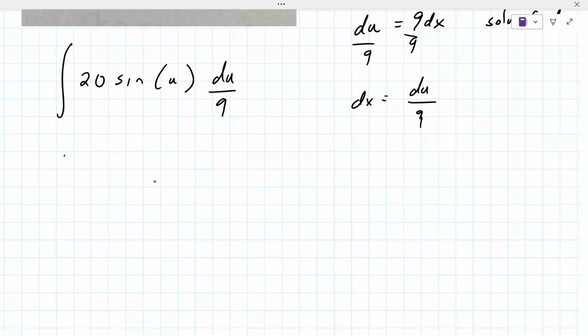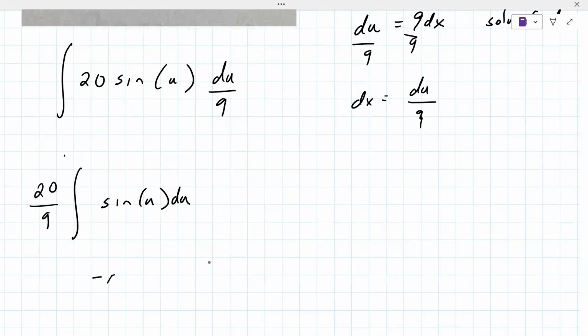Now, it's really 20 over 9. And if I were teaching this, I would want you to take that out of the integral. I'm a first-time student. Thing two is that the integral should get down to one that you know how to do. That's the whole point of this. It looks now a lot like number 6.